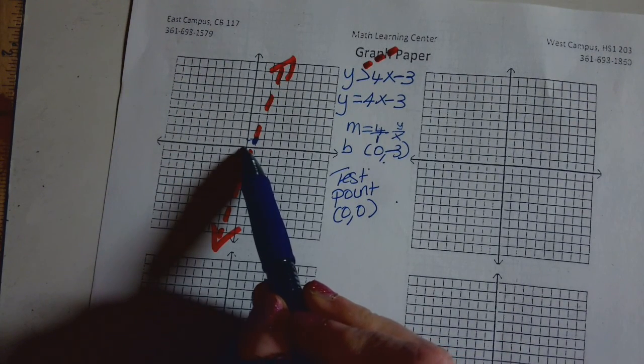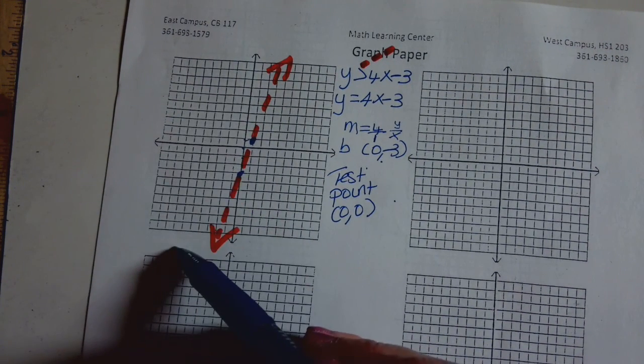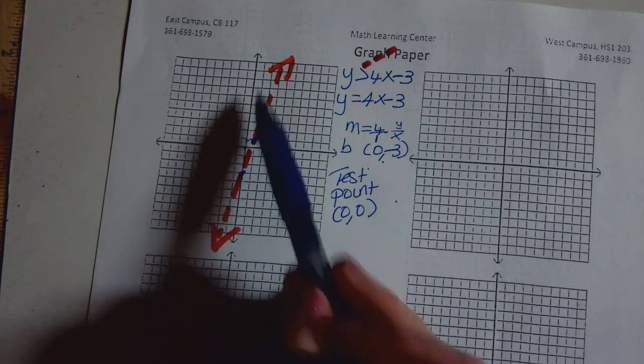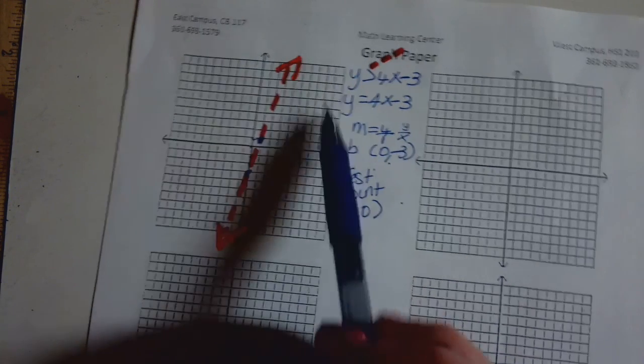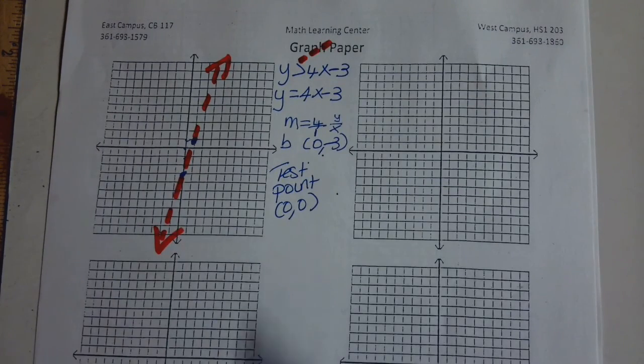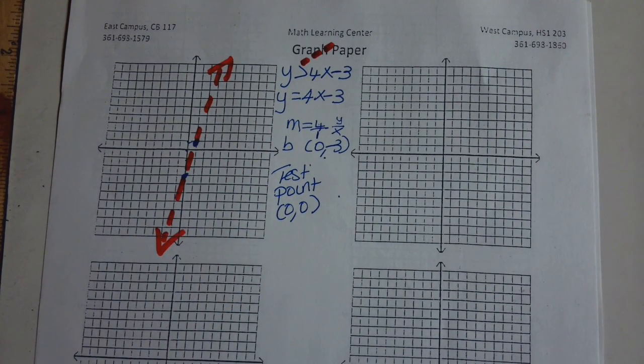If this is true, then that means I shade the entire side. If this isn't true, then none of these ordered pairs are true, and that's going to be on the other side. So look how we're going to do it. We're going to go back to the original inequality, not the equal sign, because we won't be able to read the inequality.